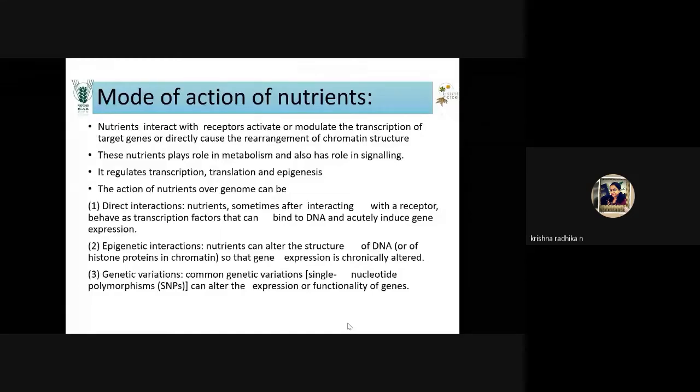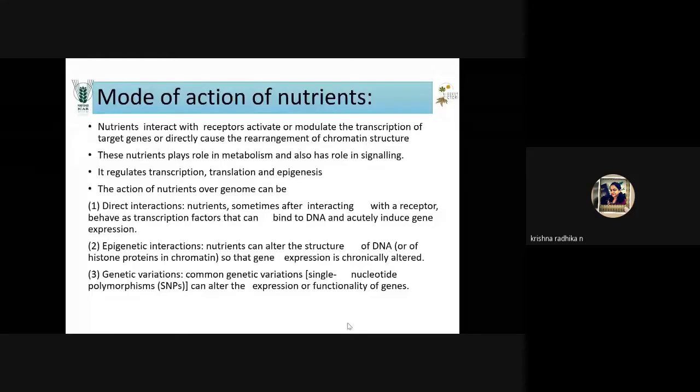They regulate transcription, translation, and epigenesis. The action of nutrients over the genome can be through direct interactions. Nutrients sometimes, after interacting with the receptor, behave as transcription factors that can bind to the DNA and acutely induce gene expression, or they can repress gene expression.